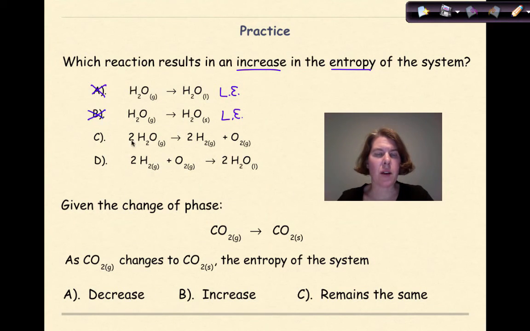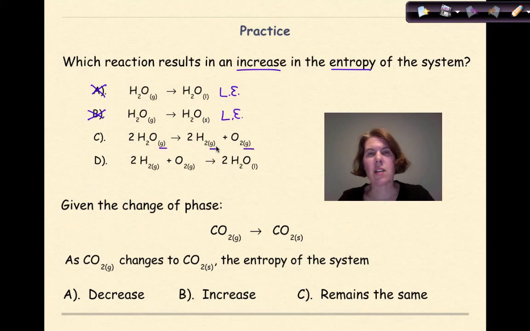So B is out. Then we have 2 moles of water forming 2 moles of hydrogen gas and 1 mole of oxygen gas. Now they're all the same state, gas, gas, and gas. But this is an increase in entropy because even though they're all the same state, we're going from 2 moles of water to 3 moles of substances.